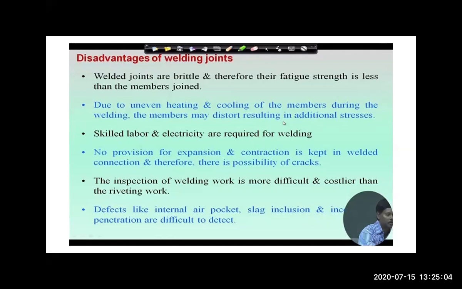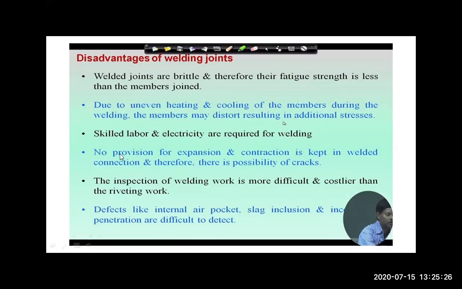That is the simple procedure in a bolted connection. But in the welded connection, skilled labor is required, because we have to take great care while doing the welding process. So skilled labor and electricity are required for welding.